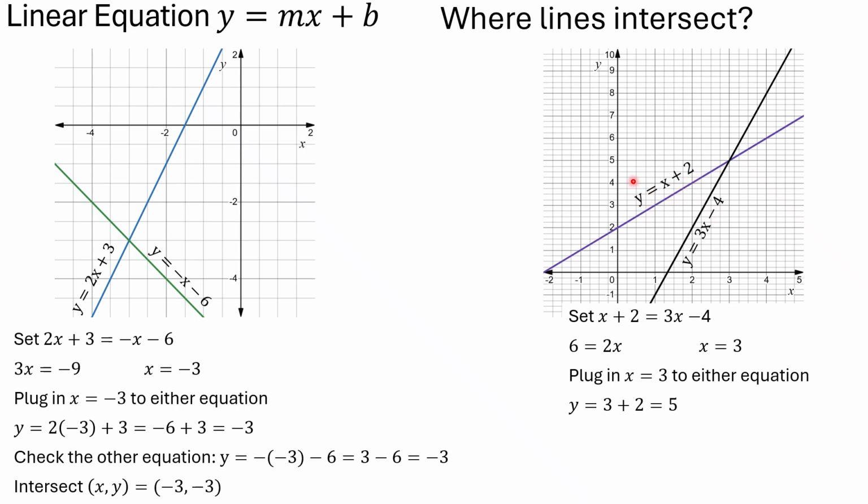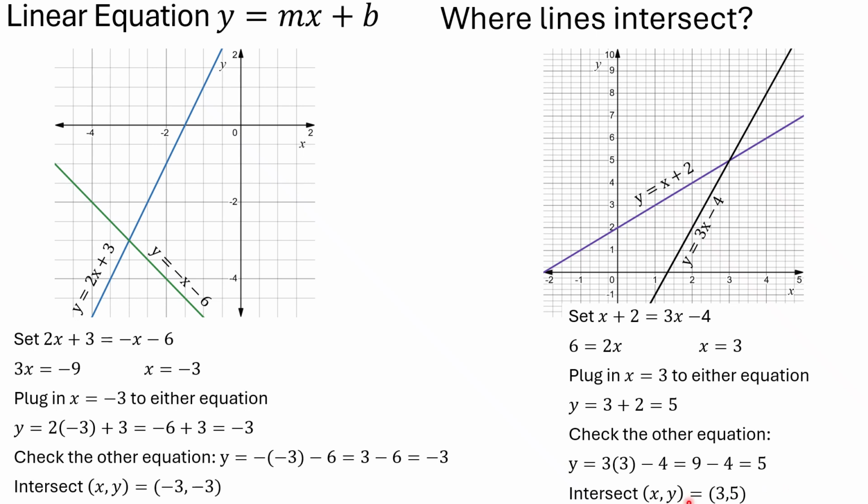And so if I look at the graph, yes, at y equals 5, x equals 3 is the intersect between these two lines. We could double check with this equation here. So I got 3 times 3 minus 4. So 3 times 3 is 9. 9 minus 4 is 5. So my point of intersect is x equals 3, y equals 5.